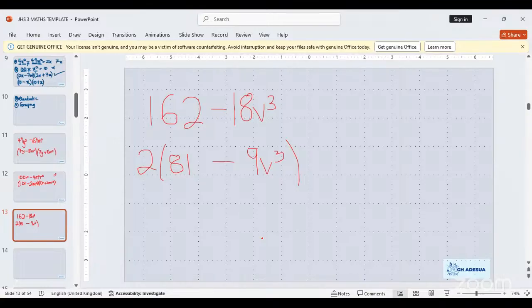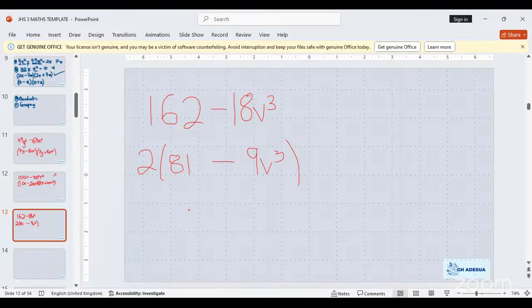Because we said it's a difference of 2 squares, our agenda is to get a number whose perfect square we can find. Is that okay? Yes. We realize that 81 is a perfect square. Okay, so this is our first step. Enoch, 81 minus 9 v^3, how would you find the difference of 2 squares of it? Or what will the difference of 2 squares be?